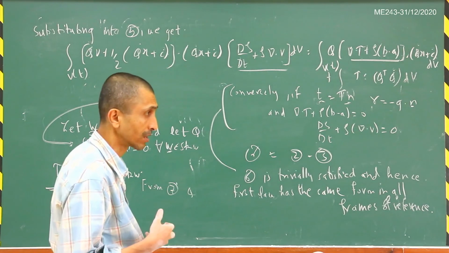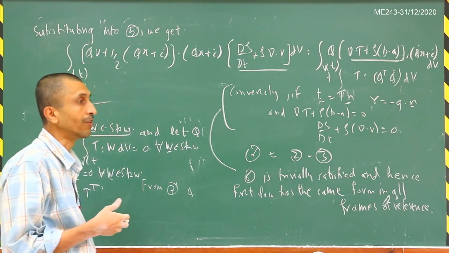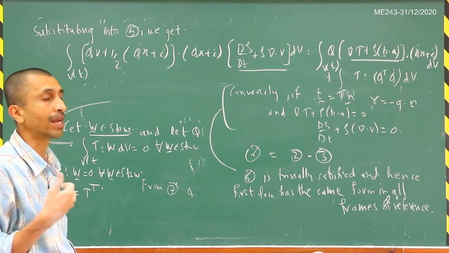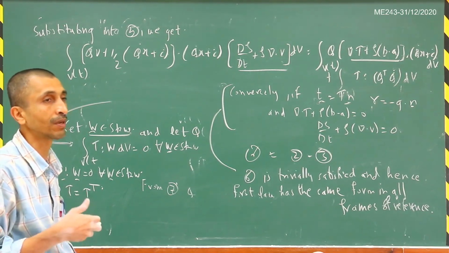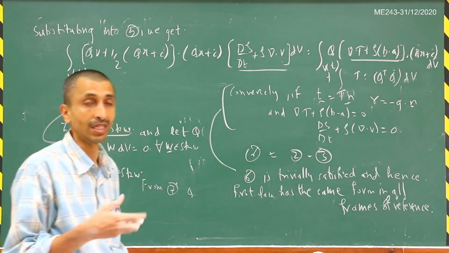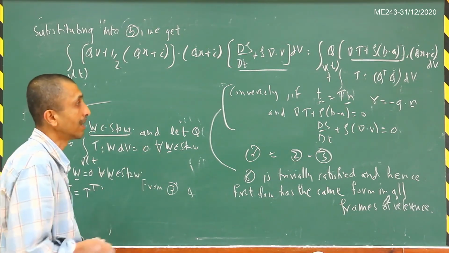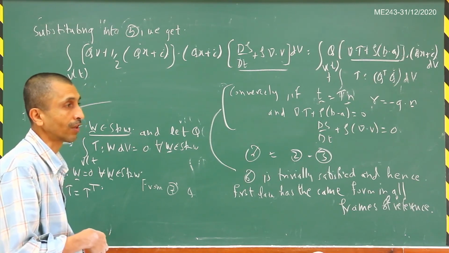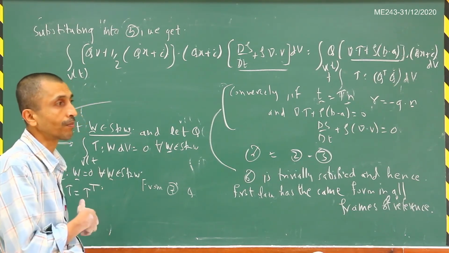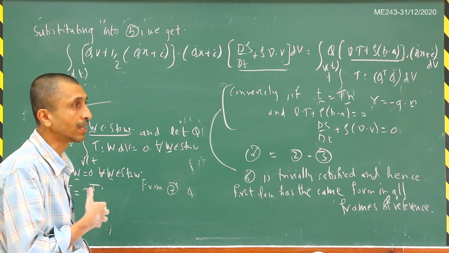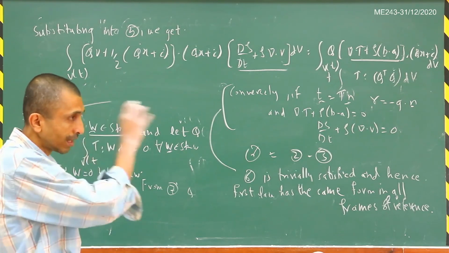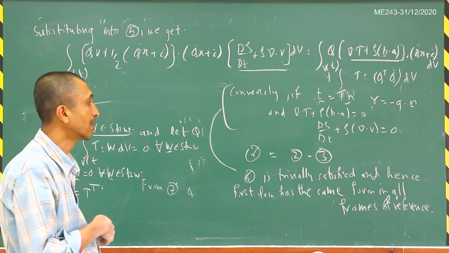If we impose this condition, then we get balance of mass, balance of linear momentum, balance of angular momentum, the Cauchy principle, they all fall out of that principle. So we don't need to even adopt these axioms if we adopt that the first law of thermodynamics has the same form in all frames of reference. So as you can see, this principle of framing difference is really a very powerful principle, and that is the reason that we have adopted it in this particular course.